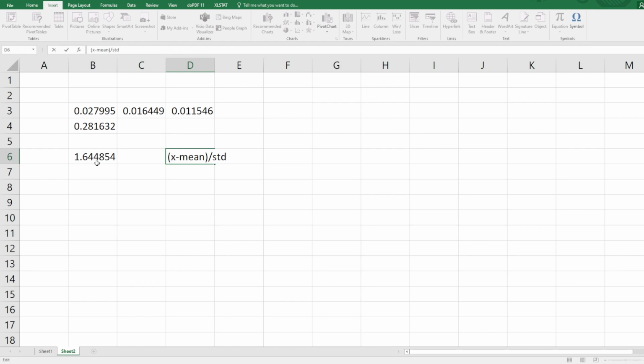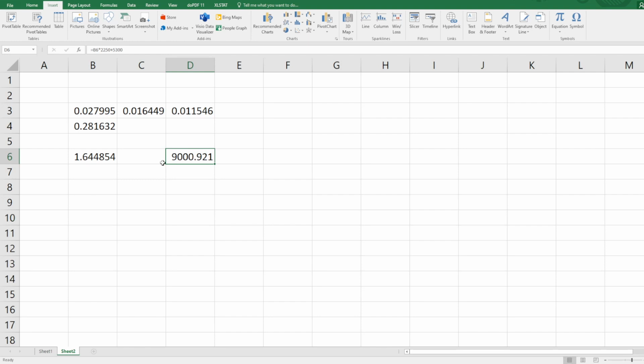So I multiply 1.6448 times the standard deviation, 2250, plus the mean, 5300. There you go, 9,092, roughly the same value as I computed directly using the inverse function for the normal distribution in Excel.